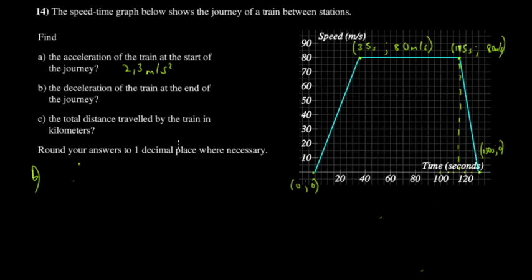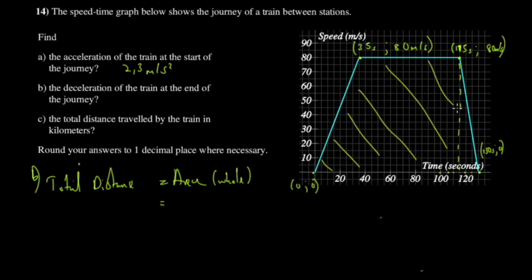Next, the total distance traveled by the train in kilometers. So total distance is equal to area, the area for the whole curve. Here we want this area.